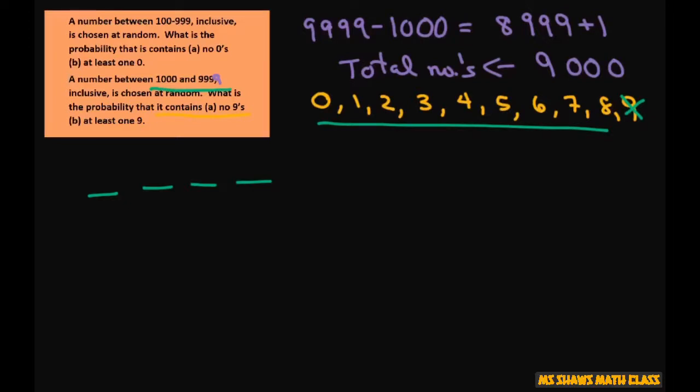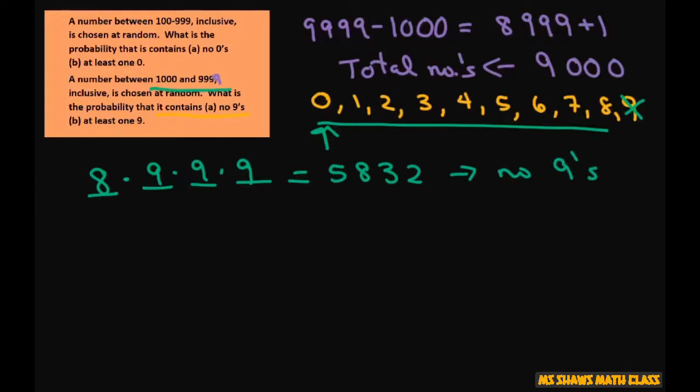However, you can't have 0 as the first choice, because that would only give you 3 digits. So for the first choice, you only have 8. And then for the rest, you have 9. So that's 8 times 9 times 9 times 9, which equals 5,832 numbers that contain no 9s. That's your total for no 9s.